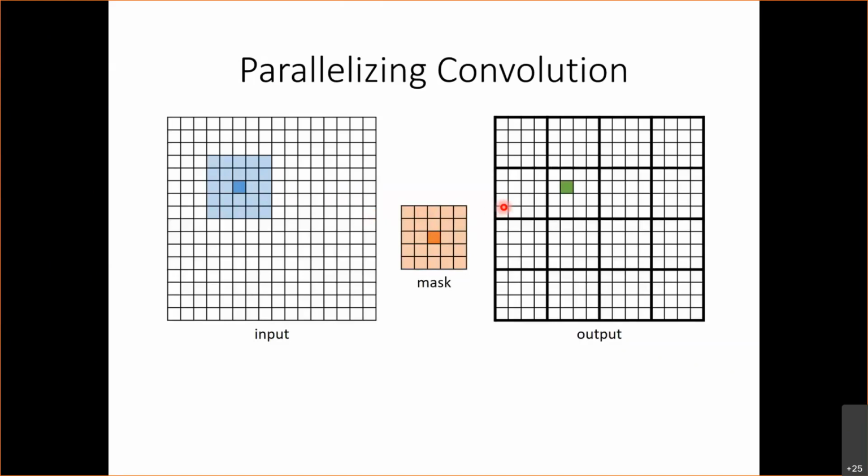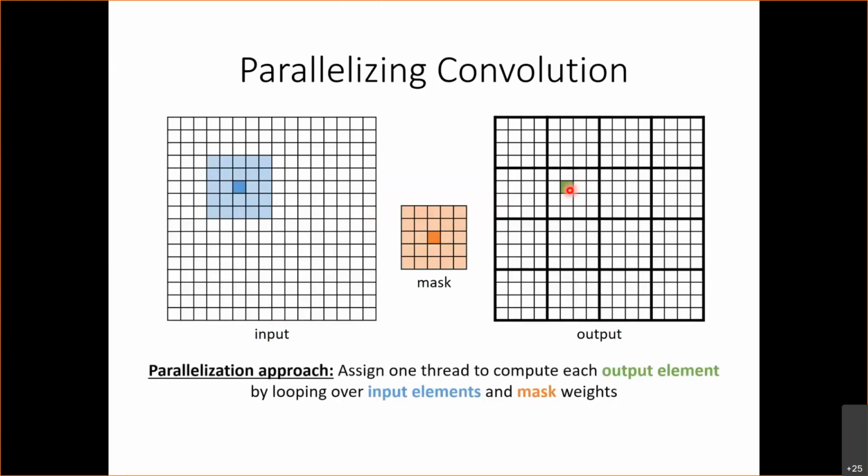So right now the way our parallelization approach works is to assign a thread to every output element. And this thread is going to loop through our mask and our input and calculate the weighted sum and then store the output value. So I need the loop to loop through my mask, right?